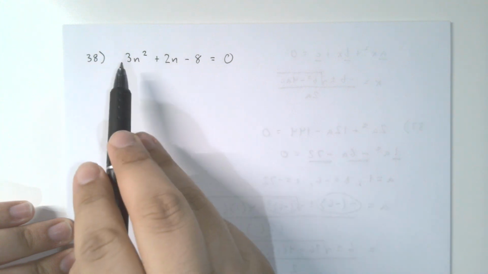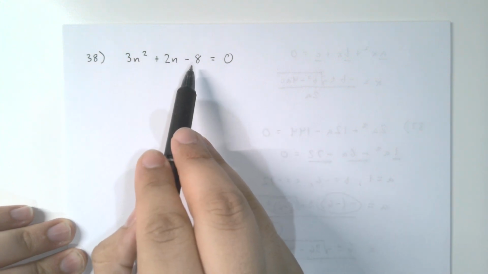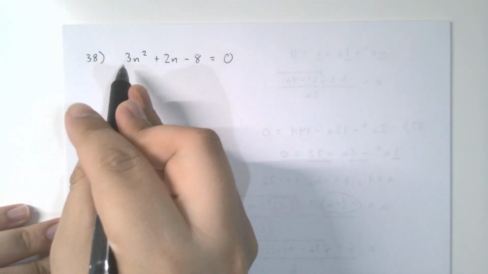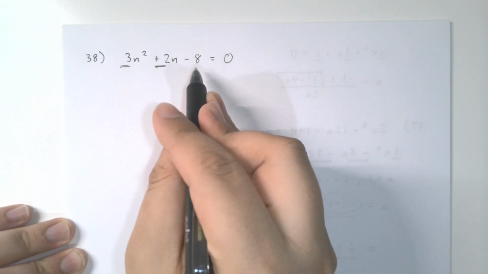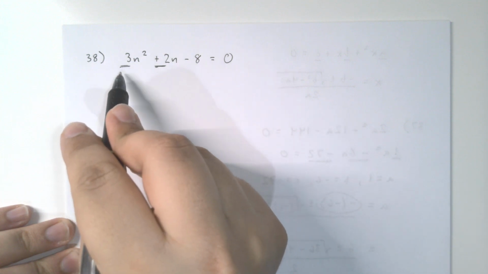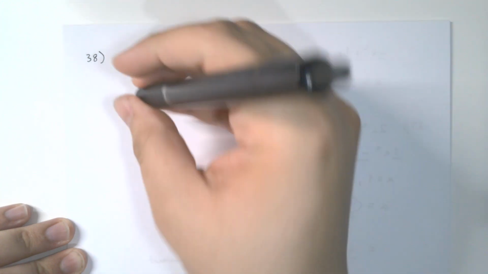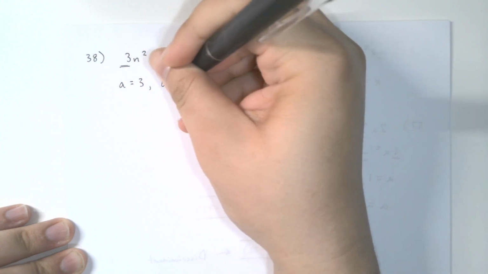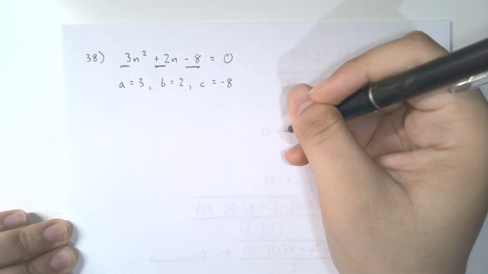We don't have a common factor between 3, 2, and negative 8, so this is already in lowest terms, which means we're ready to identify what a, b, and c are. For a, we have 3. For b, we have 2. And for c, we have negative 8. So a is 3, b is 2, and c is negative 8.